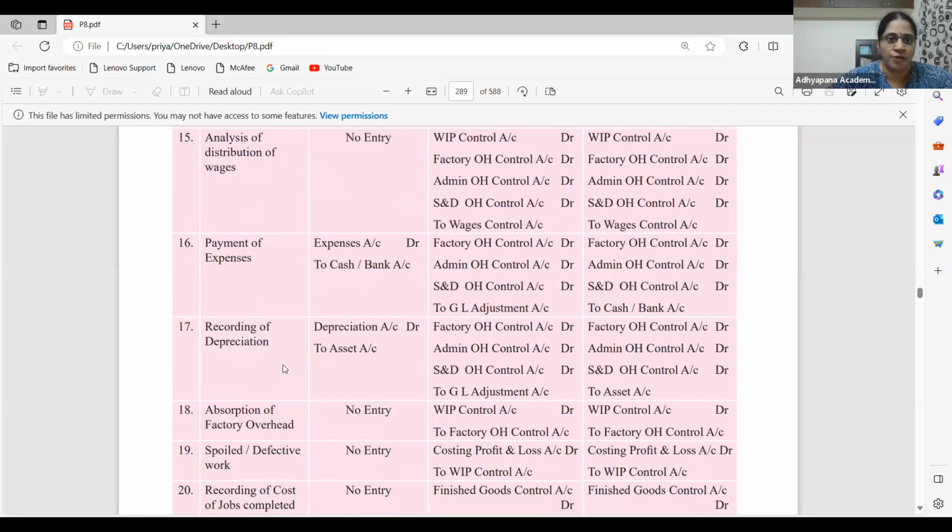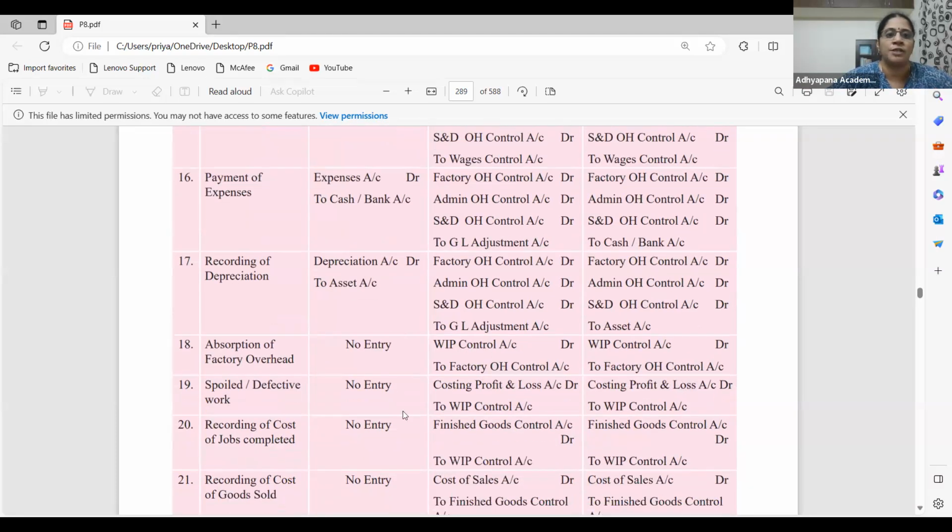For depreciation of an asset, under financial accounting, it is depreciation account debit to asset. Under cost accounts, you analyze onto depreciation of factory-based asset, office-based asset, or distribution-based asset. So it is factory overhead control, administration overhead control, selling and distribution overhead control to general ledger adjustment. So under integrated accounting, the debit from costing and the credit from financial.